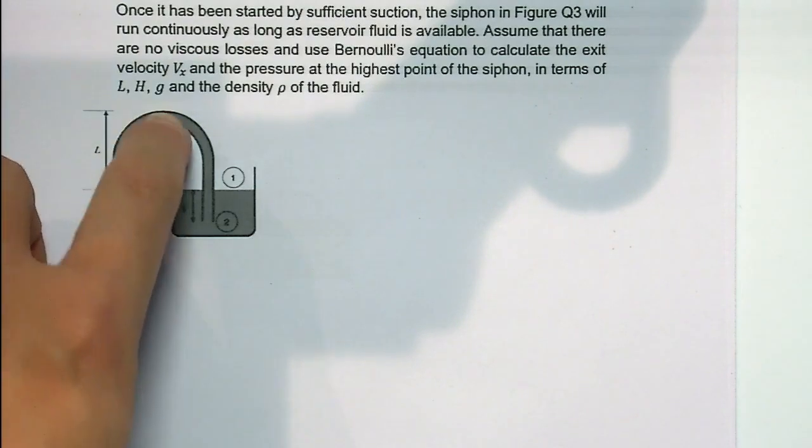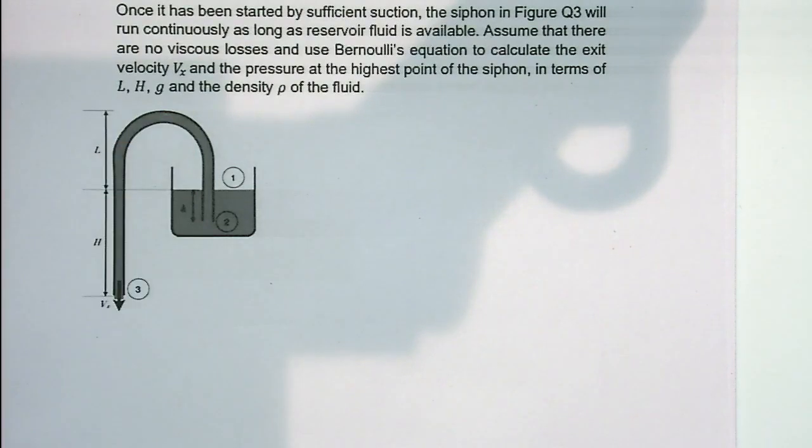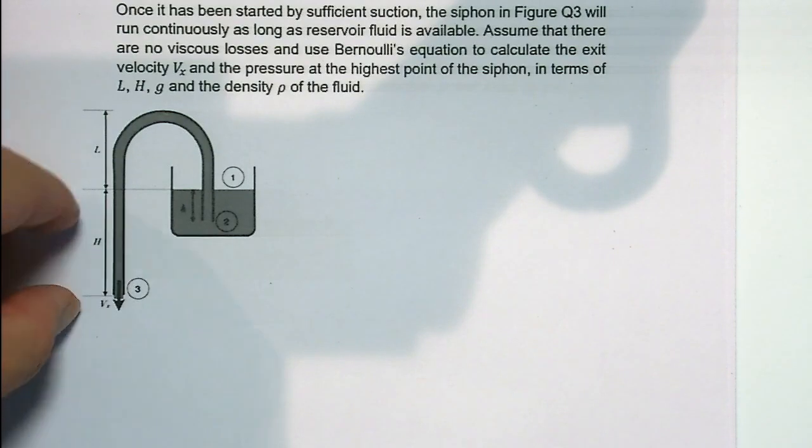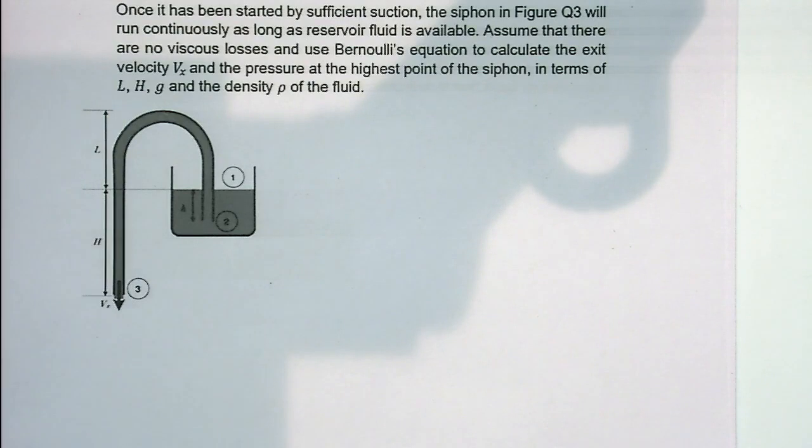So I want us to get the outlet velocity Vx, and also the pressure at the top of the pipe. And also we know the height difference. So firstly, we can apply the Bernoulli equations from each point to each point.